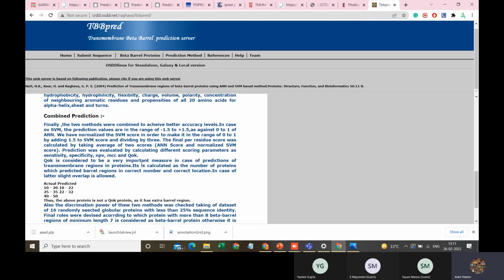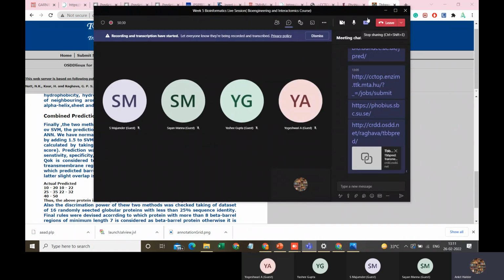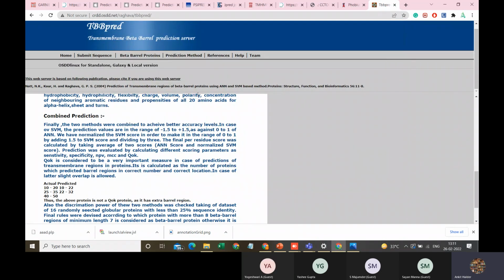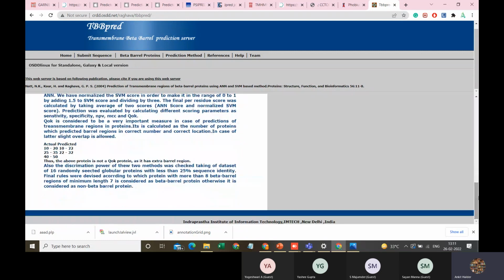So the neural network as well as the statistical and SVM methods have been combined to identify, to achieve better accuracy. You can read thoroughly regarding the algorithm as well as how it is used.